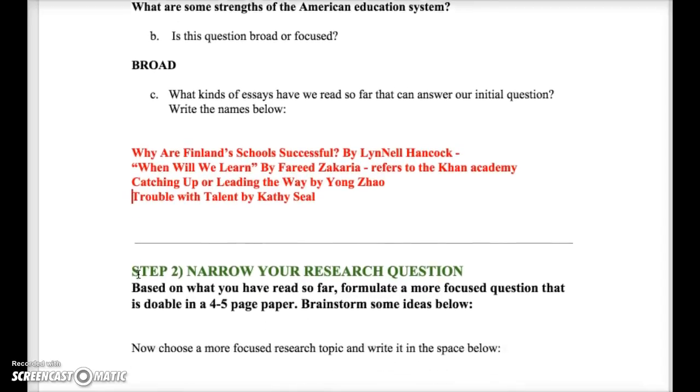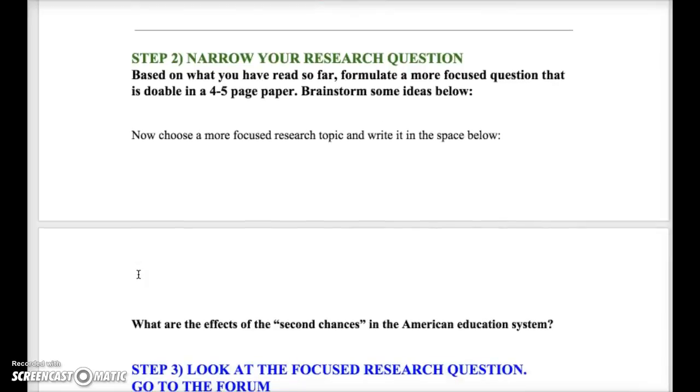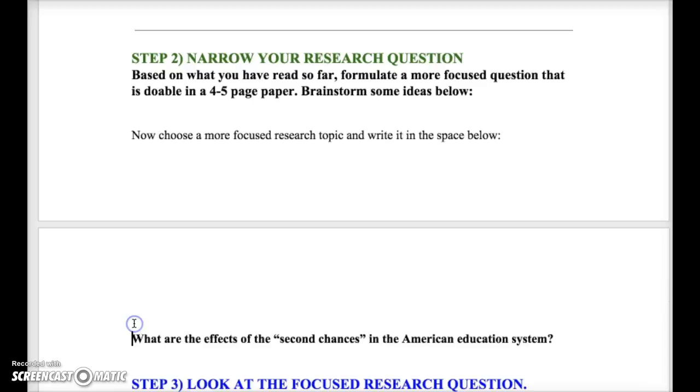So I've got my question. Strengths of American education, but I need to narrow it down. So, particularly what interests me the most was that section in chapter 3 where Zhao says, children are like popcorn. I love that metaphor.